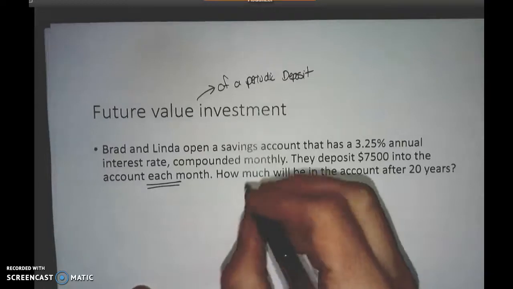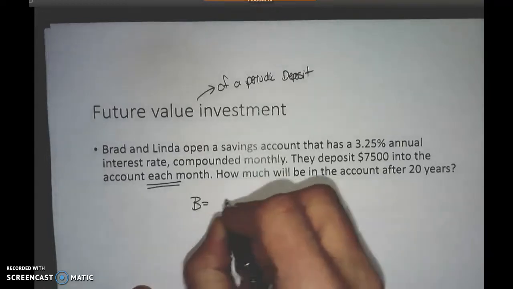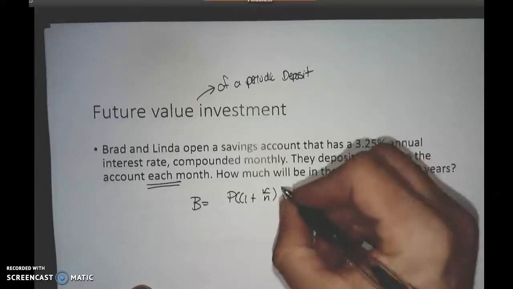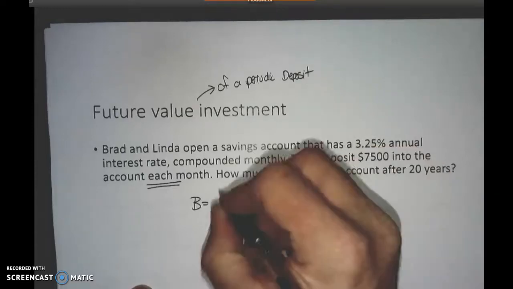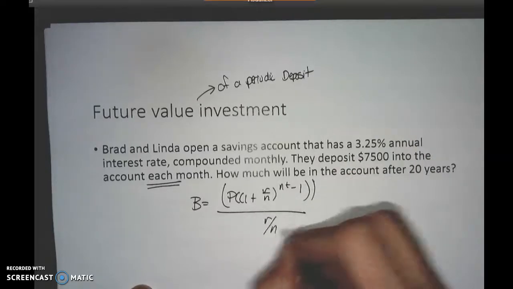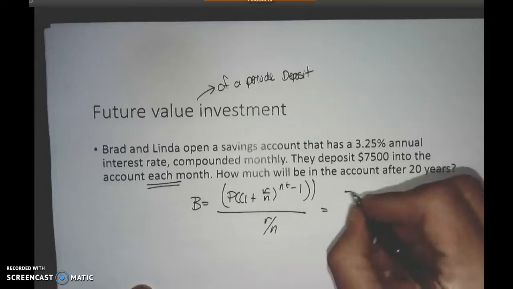So then that formula is, and so then we're going to fill it out.